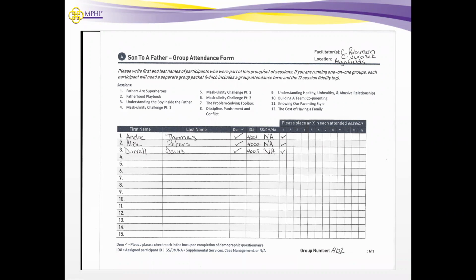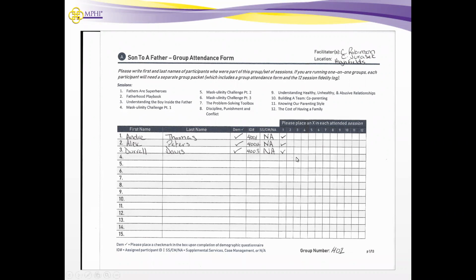And then you mark where they've attended each session that they've attended. You will use this form exactly as you have been using it. Nothing will change about this process. So you will still need to have a printed copy of this form to complete for each group. So plan to use either the printed copies you got during the January training, or plan your printing trips to your office or Office Depot accordingly.